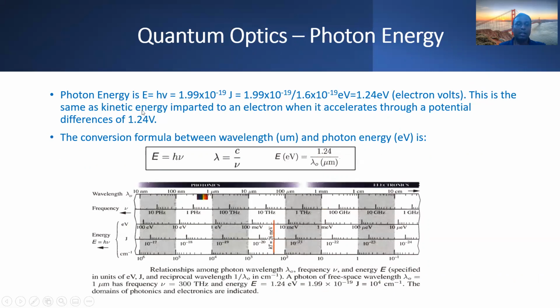This is the same as the kinetic energy imparted to an electron when it accelerates through a potential difference of 1.24 volts. The conversion formula between wavelength in micrometers and photon energy is E equals 1.24 over wavelength naught, where the wavelength needs to be in the micrometer range. Okay.